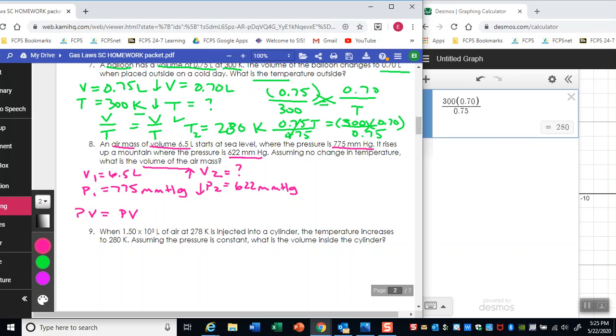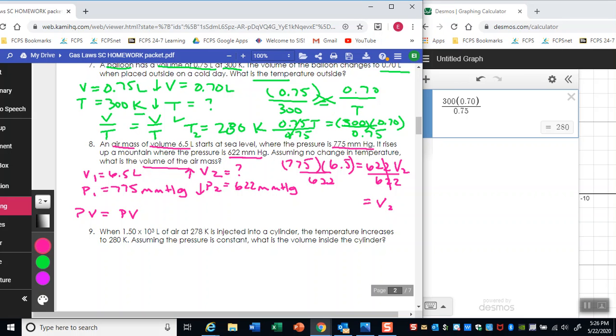So let's see. I'm going to substitute in. What's my pressure? 775 times the volume there was 6.5 equals 622 times the new volume that I don't know. And that's being multiplied, so I'm going to divide by the 622. That's 1, so I get 1 times the new volume is the new volume.